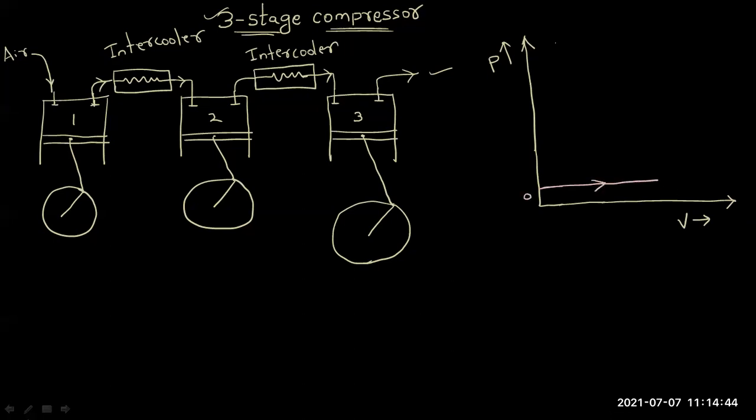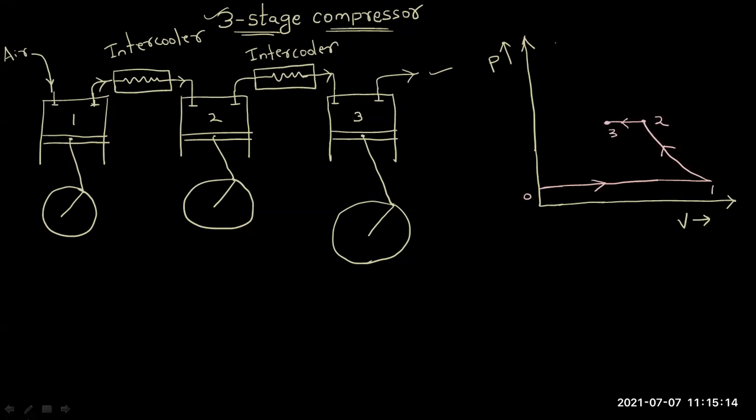This is point 0. Point 1. After the suction process, compression will take place from point 1 to point 2. After compression, it will go to the first intercooler. At the intercooler, at constant pressure, you will remove the heat. This is point 3.